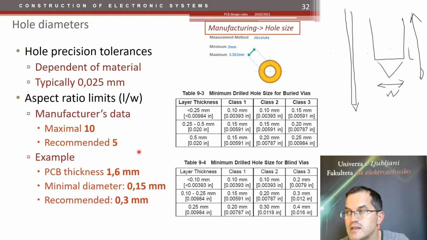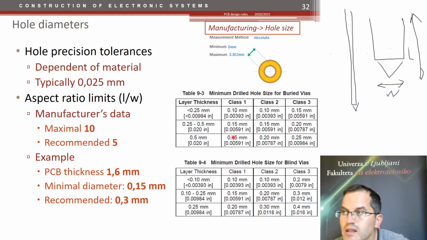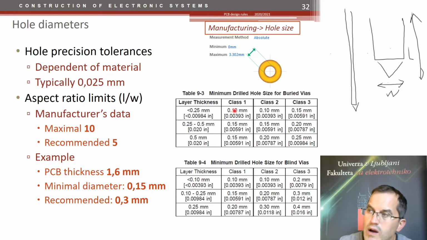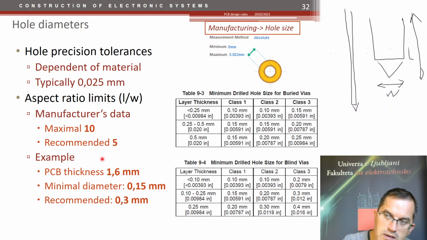And here is the chart which shows, for different classes of PCBs, the minimum diameter of the plated through hole via. This is for buried vias and this is for blind vias, but this is for normal vias. So for example, for a 1.6 millimeter classical PCB, the minimum diameter would be in this range, recommended 0.3.